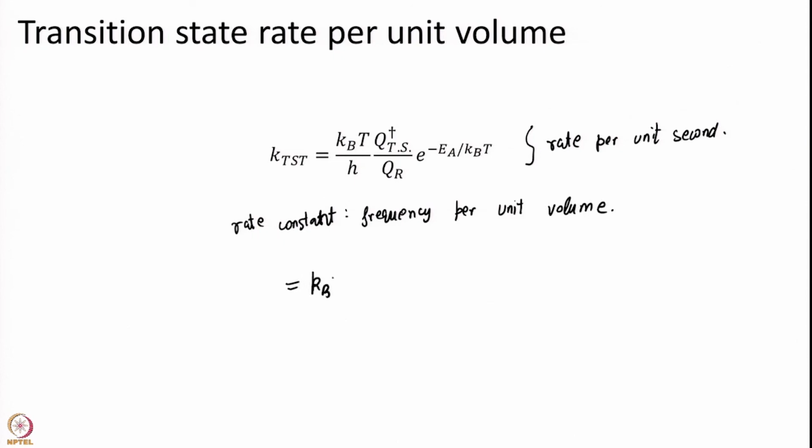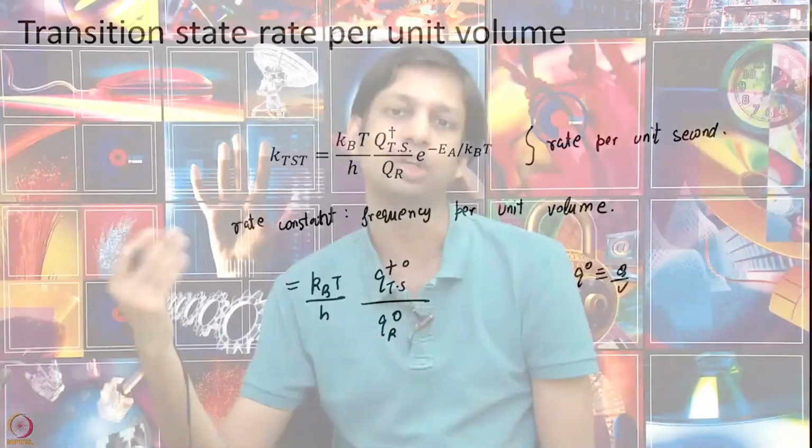All we do is find the partition functions per unit volume. Where my Q naught is Q over V. So, I find the reactant partition functions per unit volume, I find the transition state partition functions per unit volume. That is all that I have to do then, okay, to get to the rate constant per unit volume.